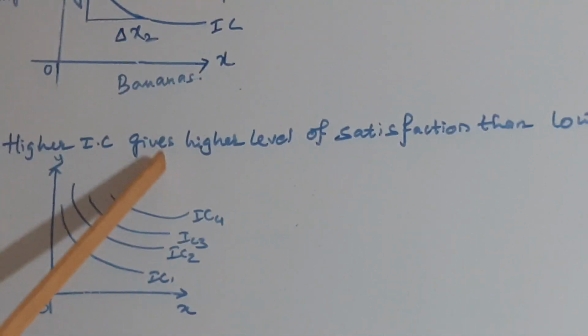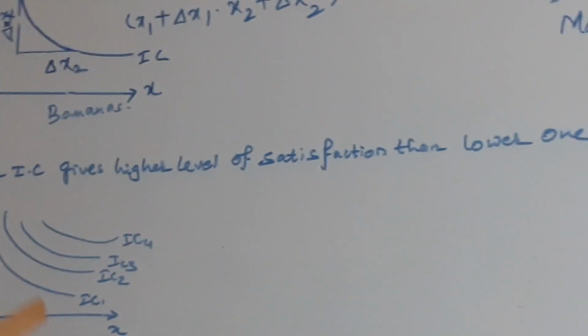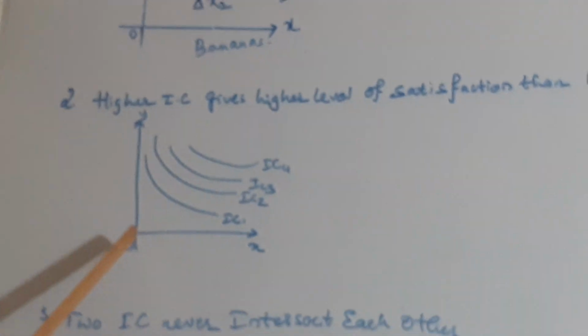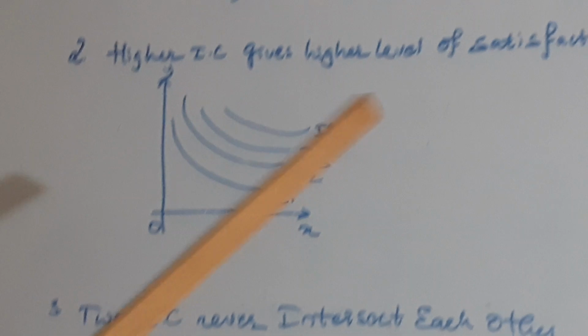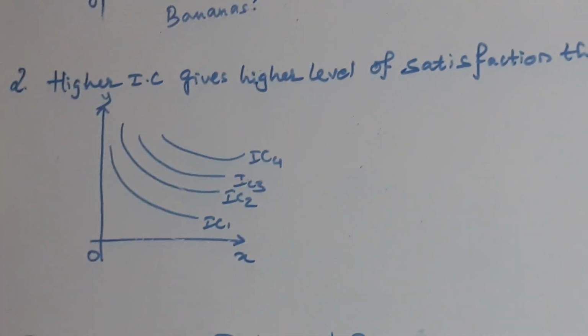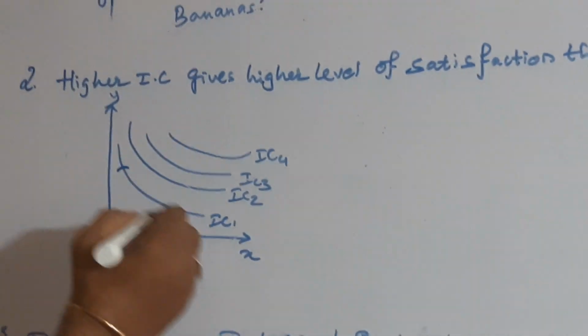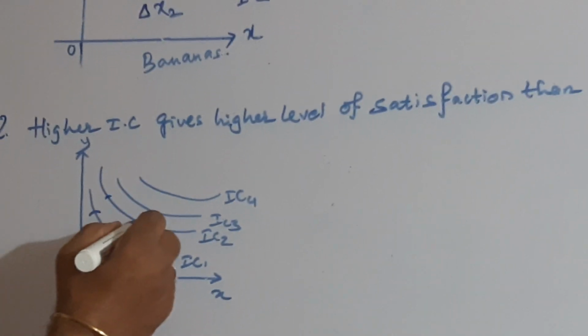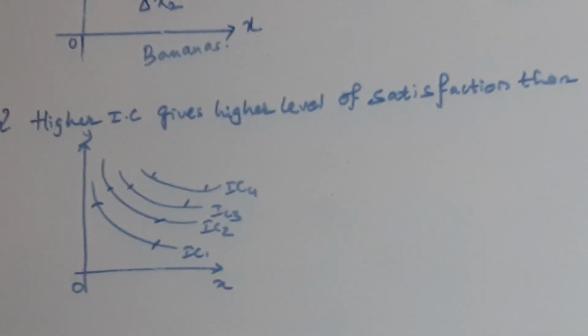The second feature is that the higher IC will give a higher level of satisfaction than the lower one. In the diagram, we have taken a number of IC curves, that is IC1, IC2, IC3 and IC4. Whichever point you choose, it can be point A and point B on IC1, point A and point B on IC2, on IC3, and on IC4.